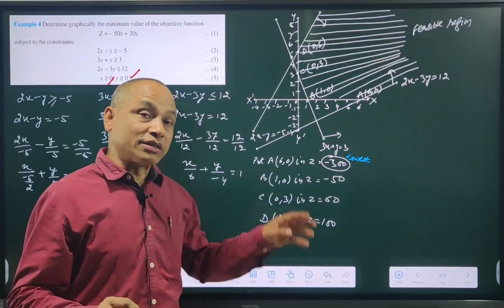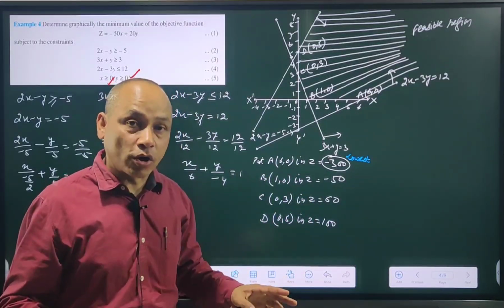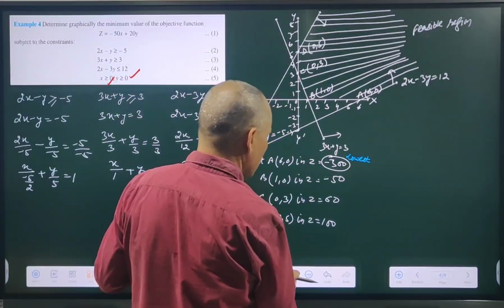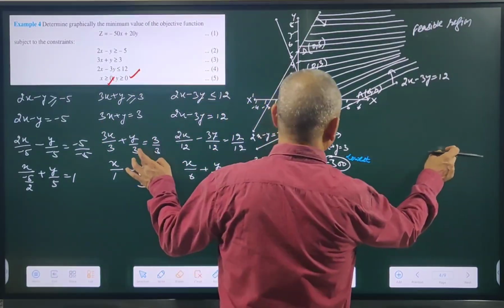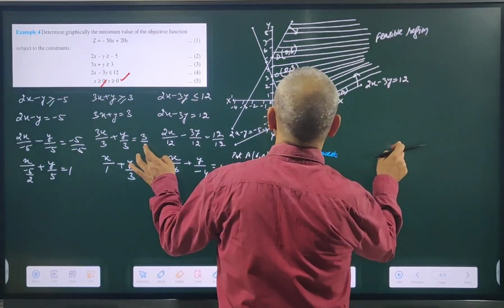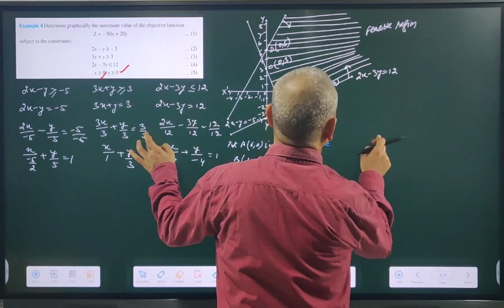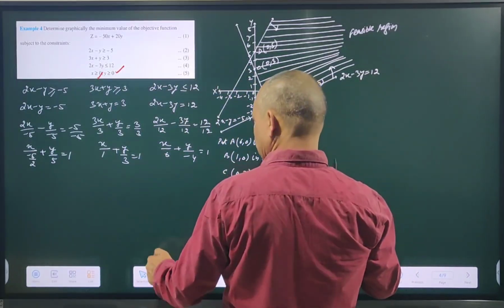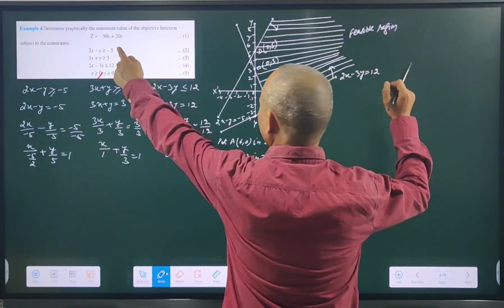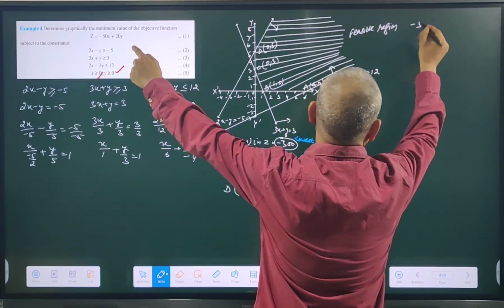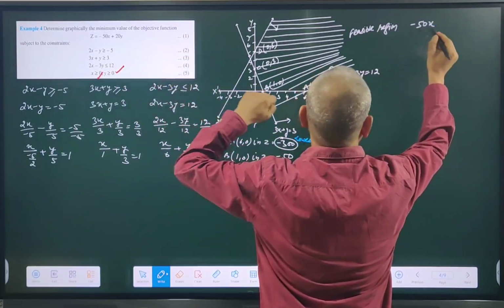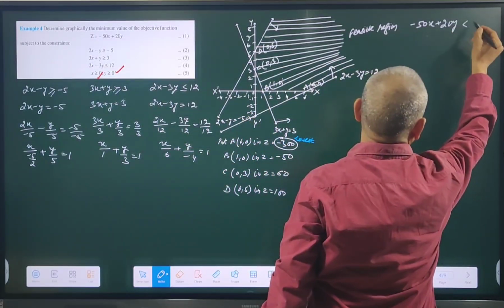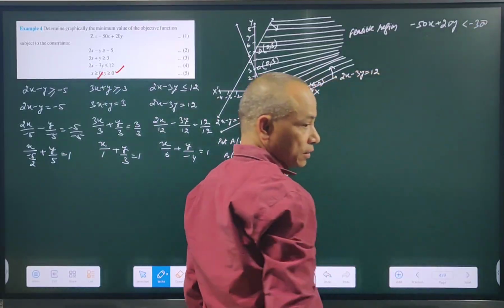So to check whether this lowest value is the minimum value of Z or not, we will take the objective function and check whether minus 50x plus 20y less than minus 300 is possible.